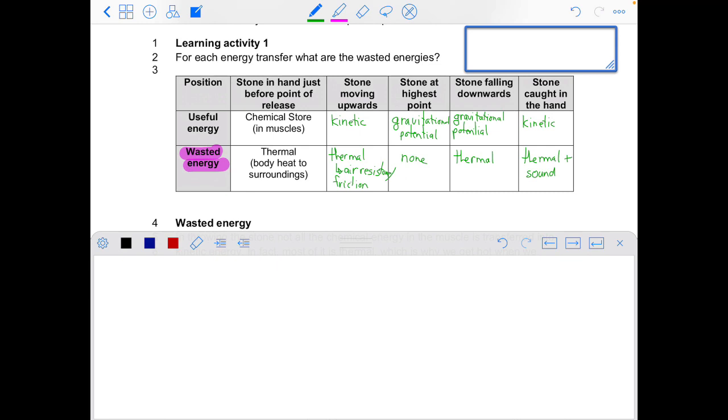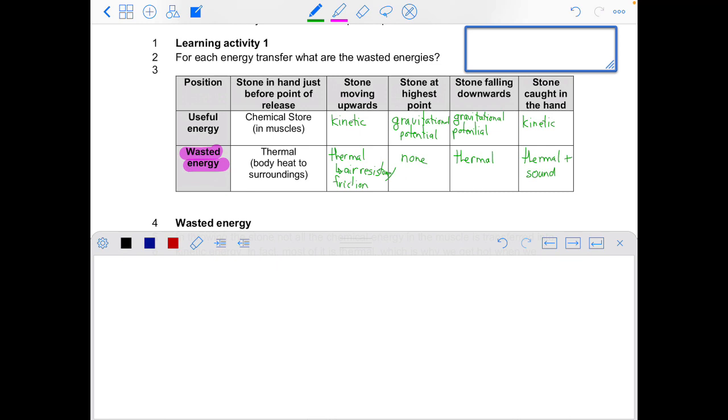At the highest point, because the stone is not actually moving, it's not creating any air resistance, and so there isn't any wasted energy coming off of the stone at that point. But as it falls down again, we have some kinetic energy that's being transformed from the gravitational potential store.